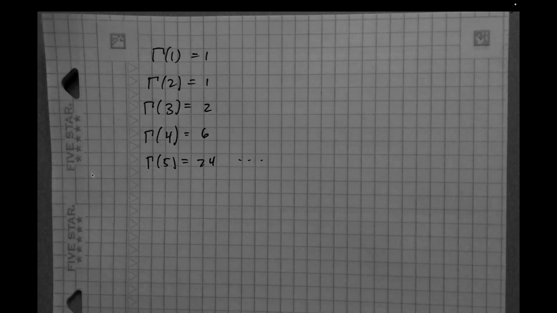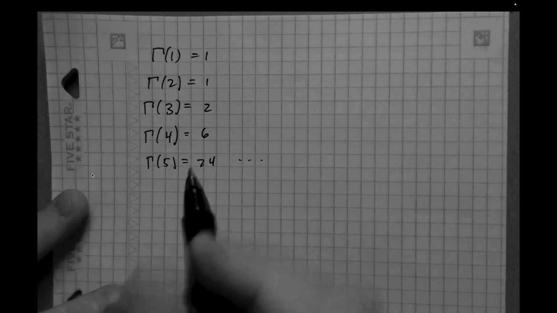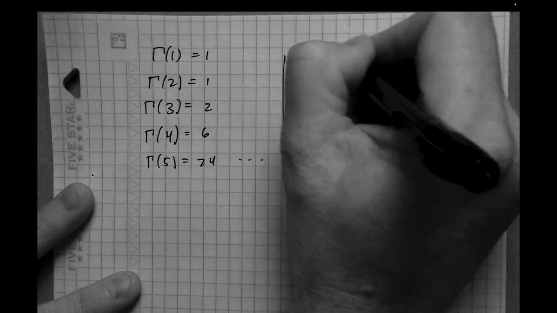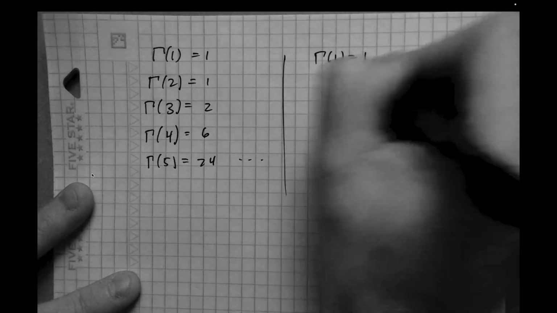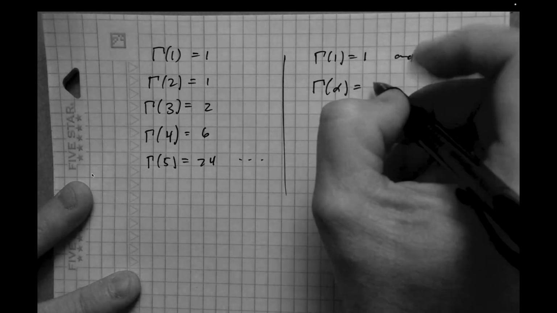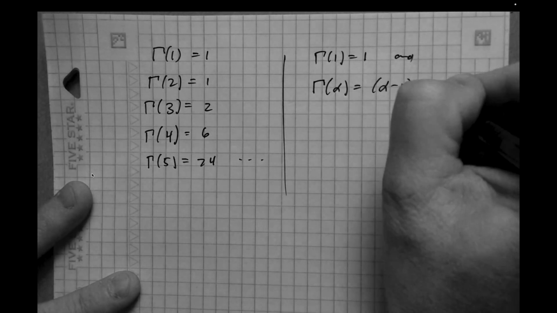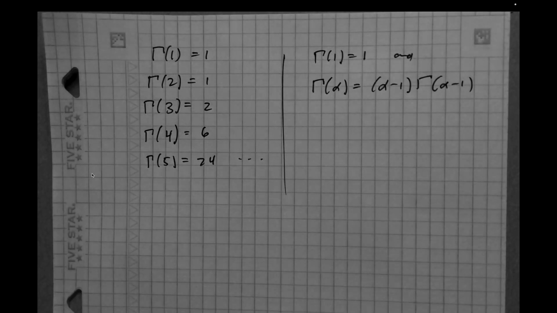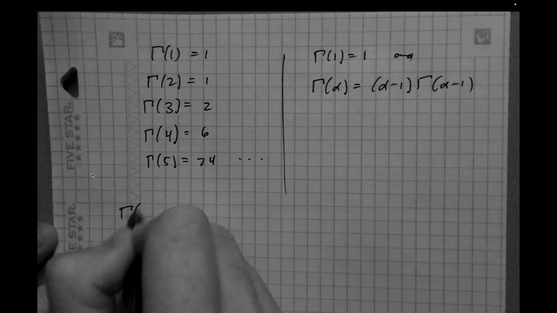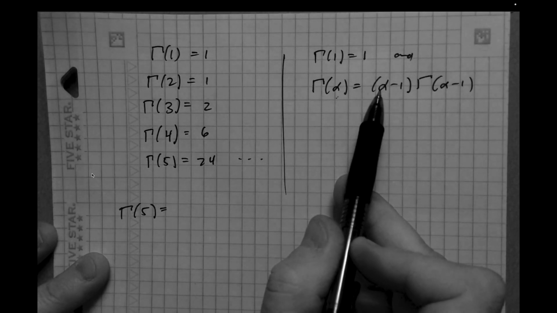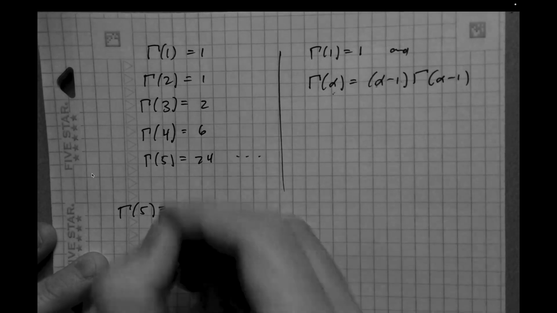We could keep going. So what the pattern actually is: we start with gamma 1 equals 1, and then gamma alpha is equal to alpha minus 1 times gamma of alpha minus 1. Right, so for example, for gamma 5, alpha is 5, so 5 minus 1 is 4.